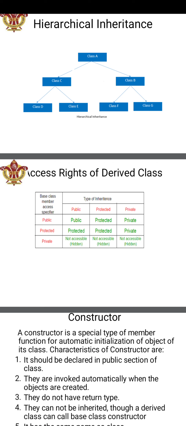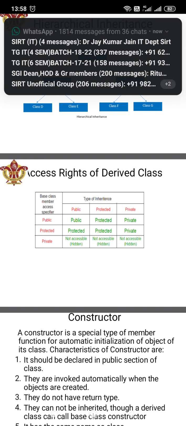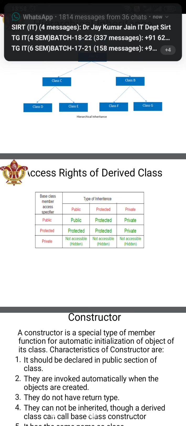So, in a nutshell, if I am inheriting publicly, then there is no change. That is, public members of the base class will become public members of the derived class, protected members of the base class will become protected members of the derived class, and private members of the base class will not be inherited.